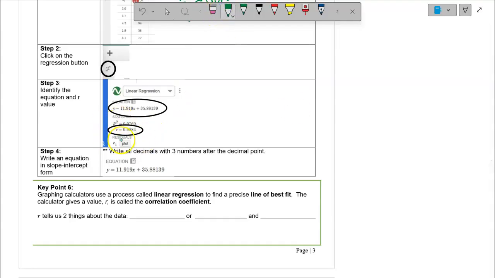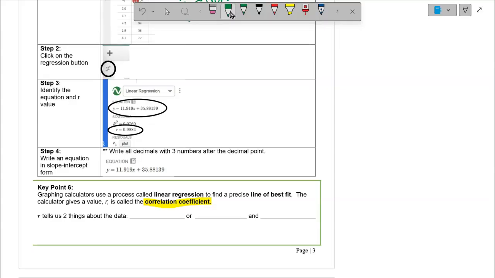Remember, we talked about this R value in Desmos. What does it tell me? This R value is called the correlation coefficient. You might think, wait, we talked about correlation before. Oh yeah, you did. Correlation is the exact same thing we talked about earlier: either positive correlation, negative correlation, or no correlation.